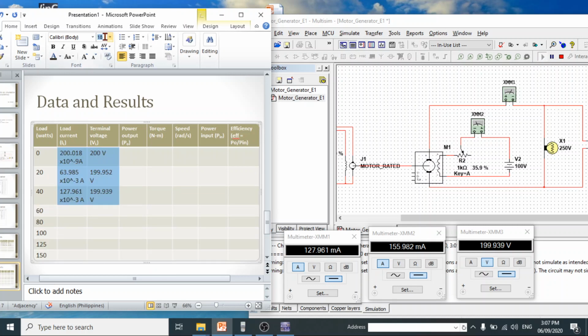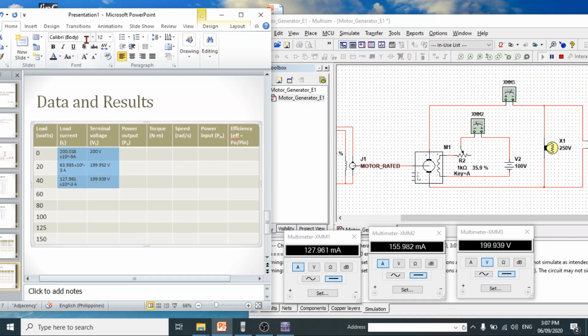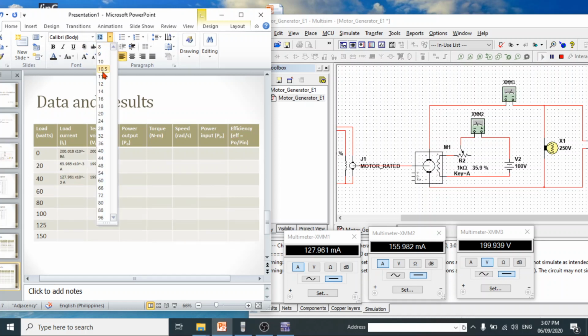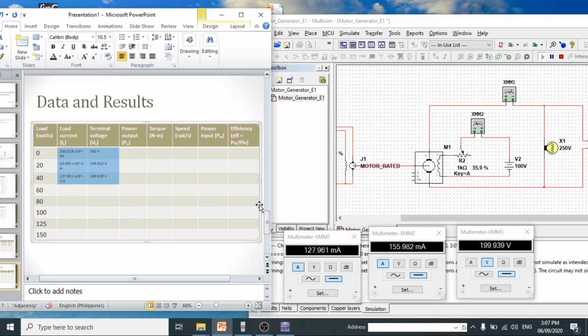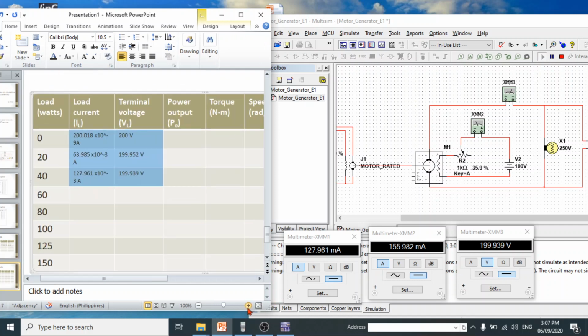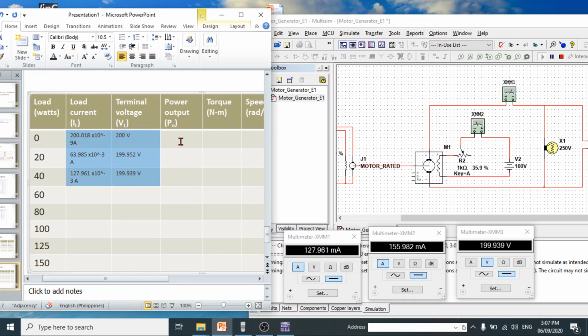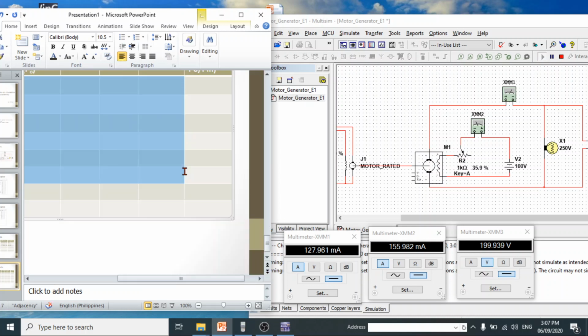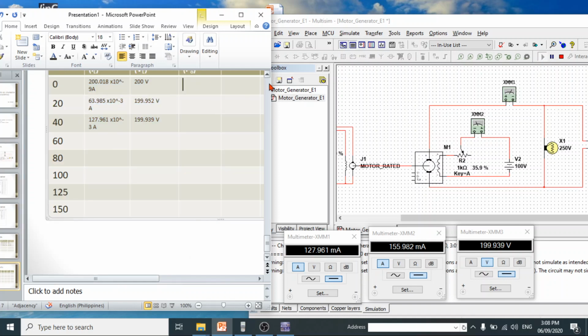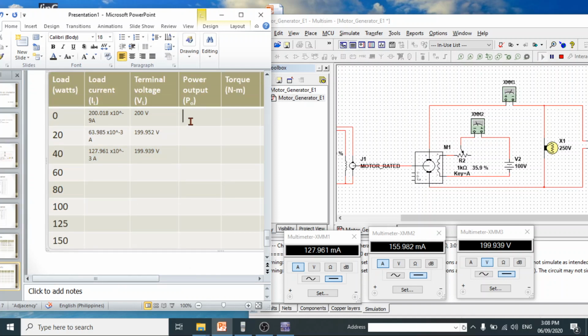Okay, so for the load current, the power output of the generator is equal to the product of the current and the terminal voltage.